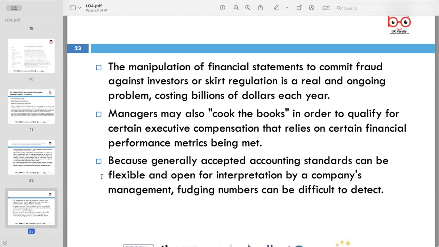The flexibility and interpretive nature of accounting standards create opportunities for manipulation, making it challenging to detect fraudulent practices. As a result, stakeholders must remain vigilant and employ due diligence in analyzing financial statements to uncover potential discrepancies and protect their interests.